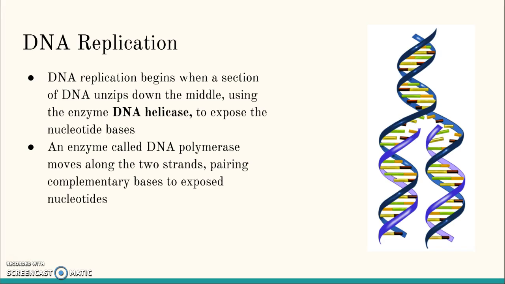So what that means is DNA helicase comes in and unzips the DNA. Now we have the nucleotide bases exposed. If we have an A, a T, a G, another G, and a C, then the polymerase is going to bring in a T to pair with that A, an A to pair with that T, a C to pair with that G, another C to pair with that other G, and so on and so forth, so that we get complementary strands.